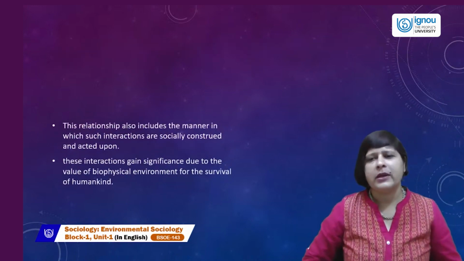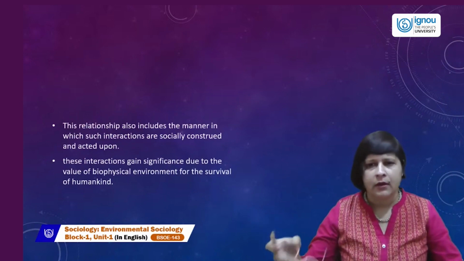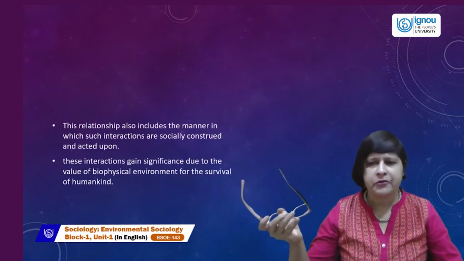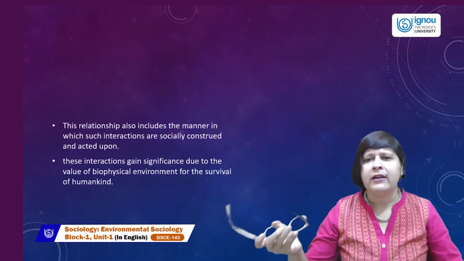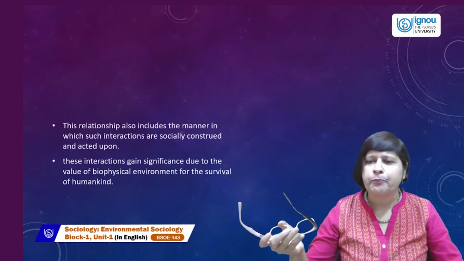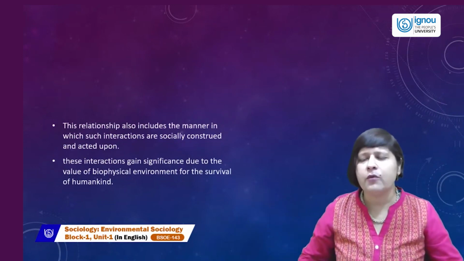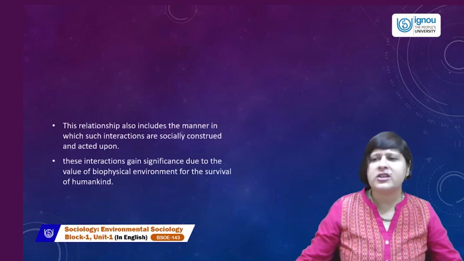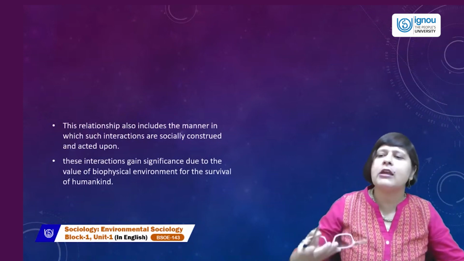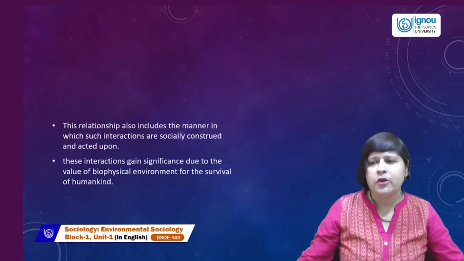Because of human activities, there is a rise of temperature, and now we see that because of the rise of temperature the glaciers are melting down, and this is impacting human society.